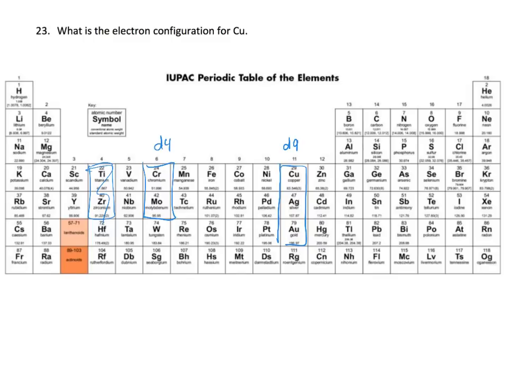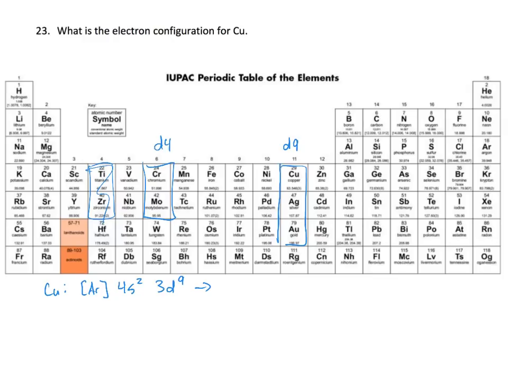So for copper, we go backwards to the previous noble gas, which is argon, and then we have 4s2 3d9. Now this one's an exception because the ones that are d9 can steal an electron from the 4s to have a full d10 shell. This is more energetically favorable.